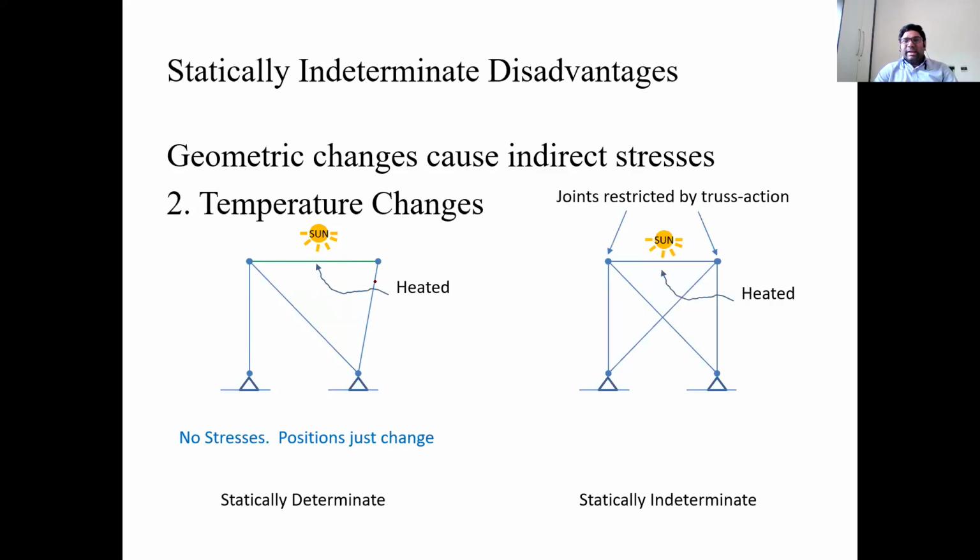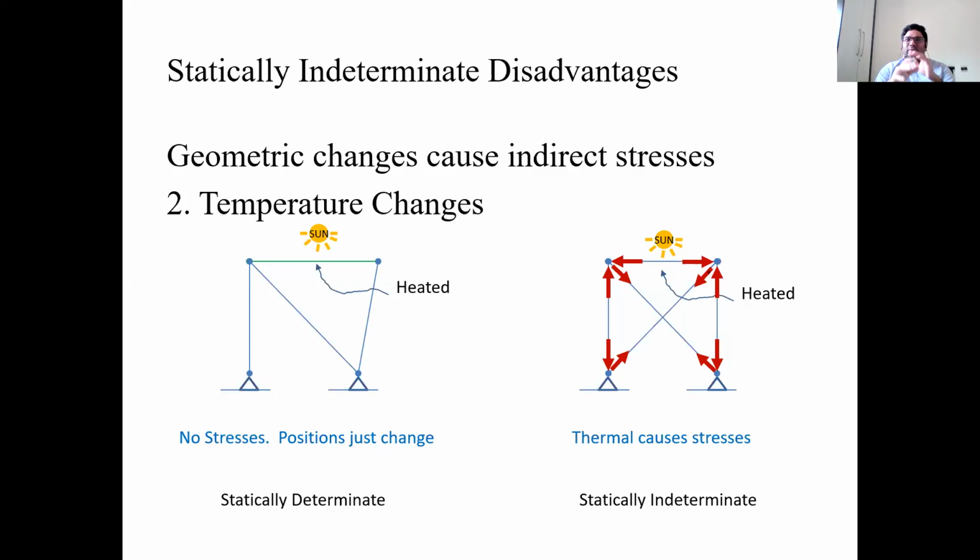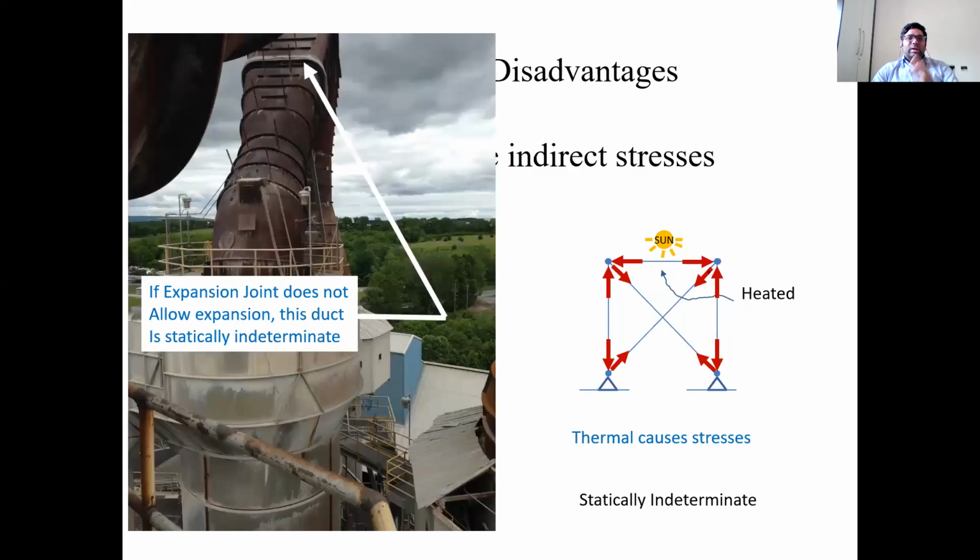But when it comes to statically indeterminate, because this joint is a rigid joint, by truss action they will be restricted, and again thermal stresses will be formed. So whenever there is a temperature change or fabrication error, determinate structures will not undergo any stresses, but indeterminate structures, because they are held tight without movement, as we have seen before, will form fabrication-related stresses or thermal stresses.